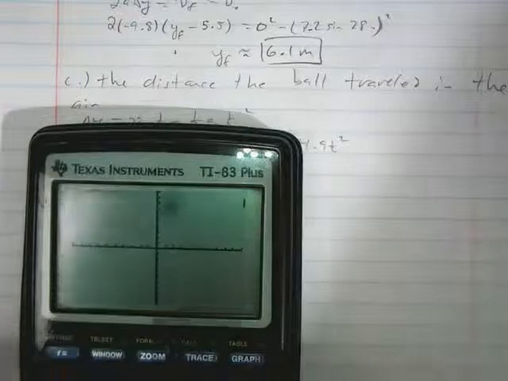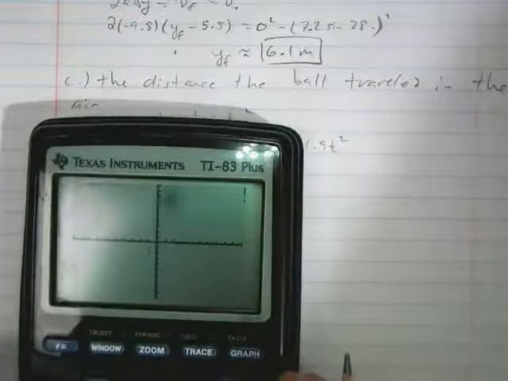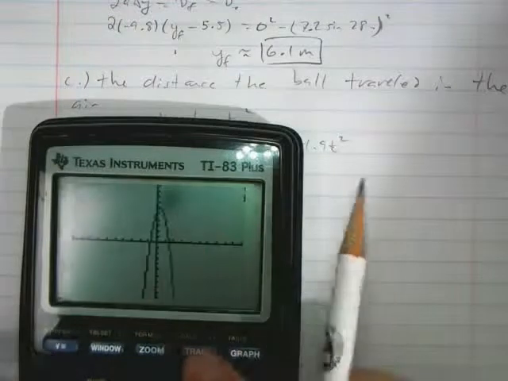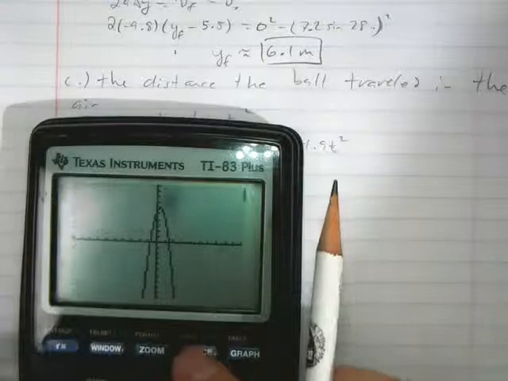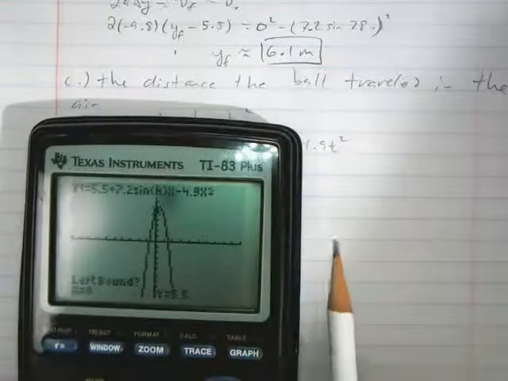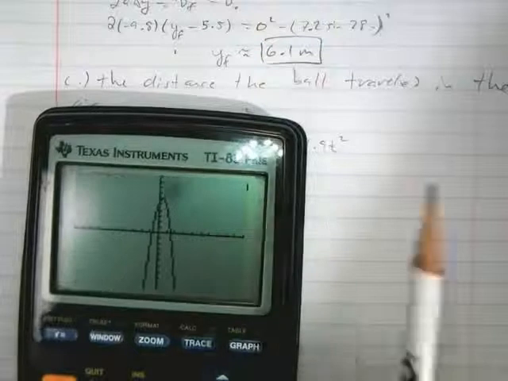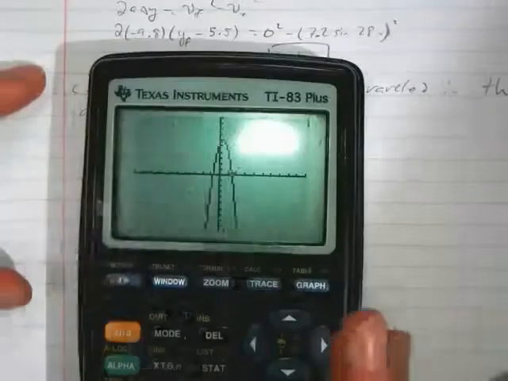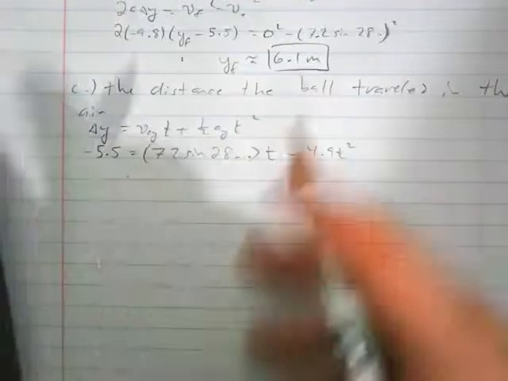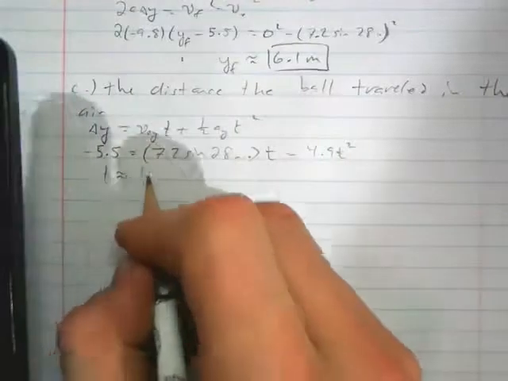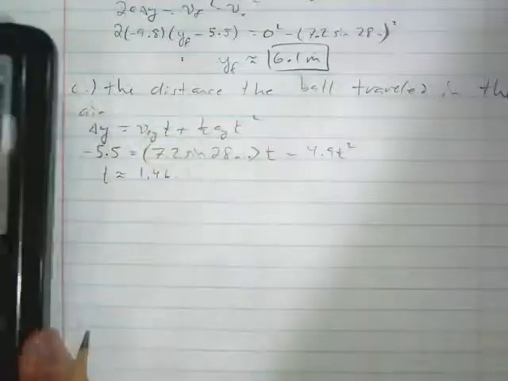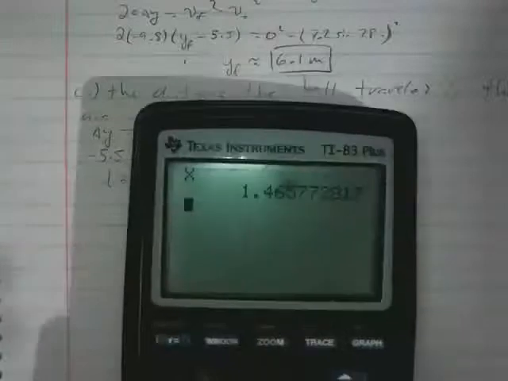Find our time, let it graph, okay. Calculate zero, left bound, right bound. And we get that it takes 1.46 seconds. Okay, now that is stored as x in my calculator.